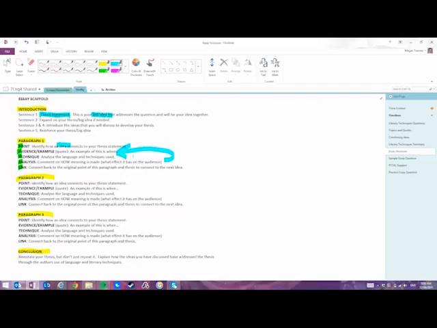It's great to be able to identify a quote and say which technique is used. Where you're able to further show your understanding to your reader of your essay is when you can analyse it. And then at the end of that paragraph, you want to be able to make some kind of connection to your big idea. Okay, so you've analysed the quote, made a connection to that thesis statement, and then hopefully been able to make some kind of connection into the next idea.